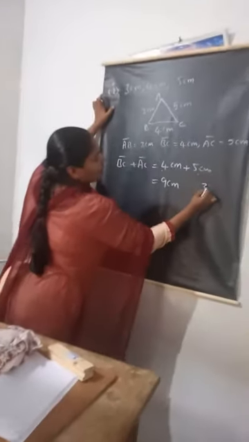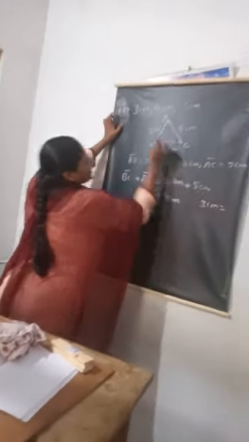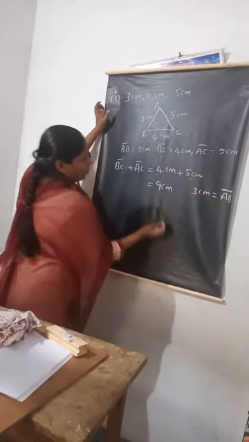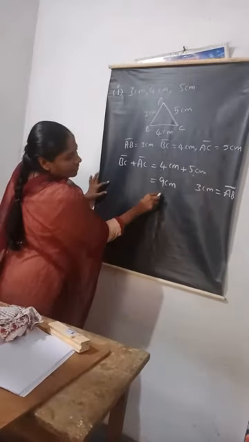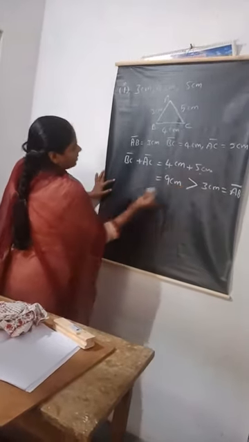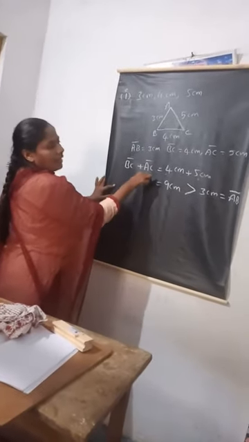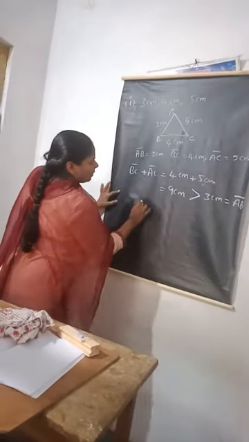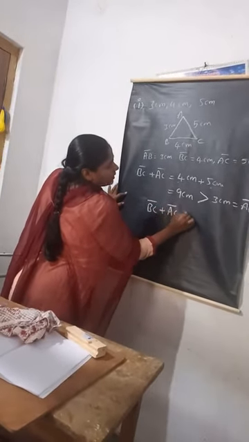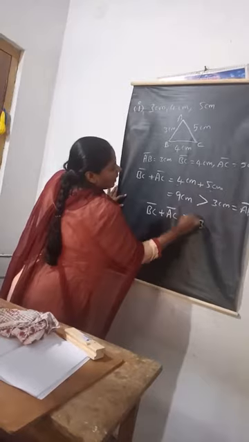What is the third side? AB, 3 centimeters. What is the relation between 9 centimeters and 3 centimeters? Greater than. Therefore, BC plus AC is greater than AB.